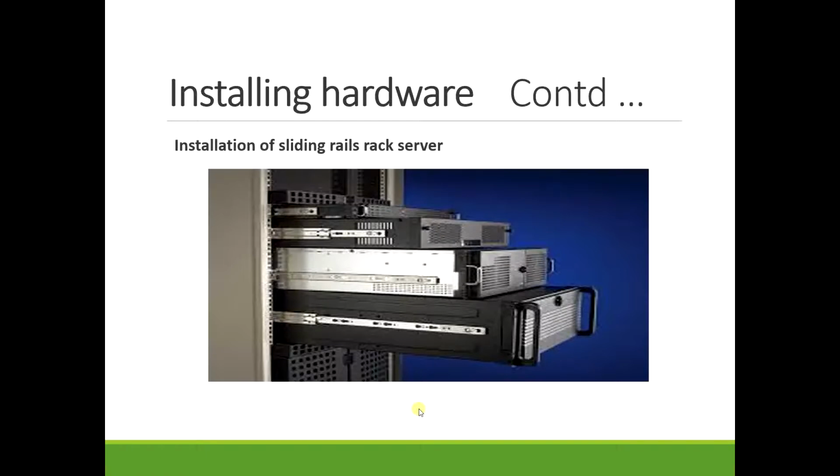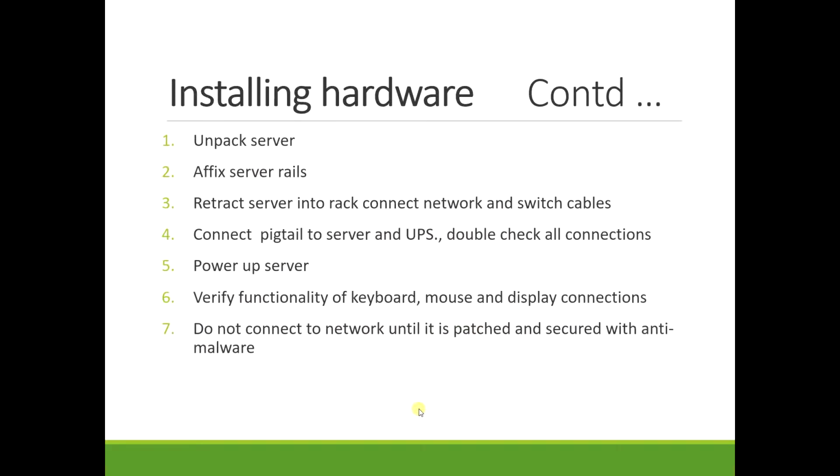So we can use many pedestal to rack mounted servers, but if you look at the typical installation sequence for a sliding rail rack server, it will include these steps. So the first thing would be to unpack the server and its components such as server rails and cables. Then we need to affix the server rails to the rack, which would be of 19-inch.